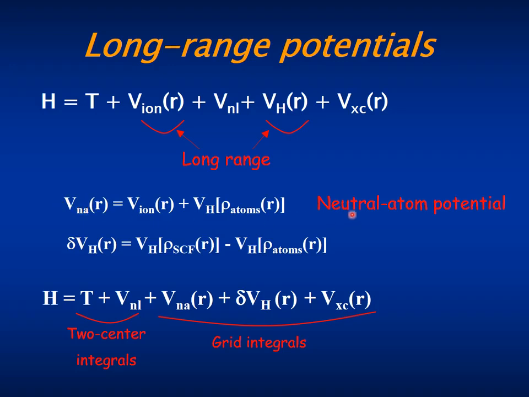And this potential is called the neutral atom potential. And the potential created by the difference between the true density and the sum of atom density. As a result, the total Hamiltonian is the sum of these 5 terms. 2 of them can be handled by two-center integrals, and the remaining 3 terms are performed as an integral in a uniform grid of points in real space.